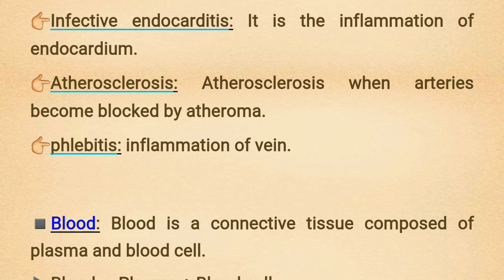Infective endocarditis. It is the inflammation of endocardium. Atherosclerosis. Atherosclerosis is when arteries become blocked by plaque. Phlebitis. Inflammation of vein.